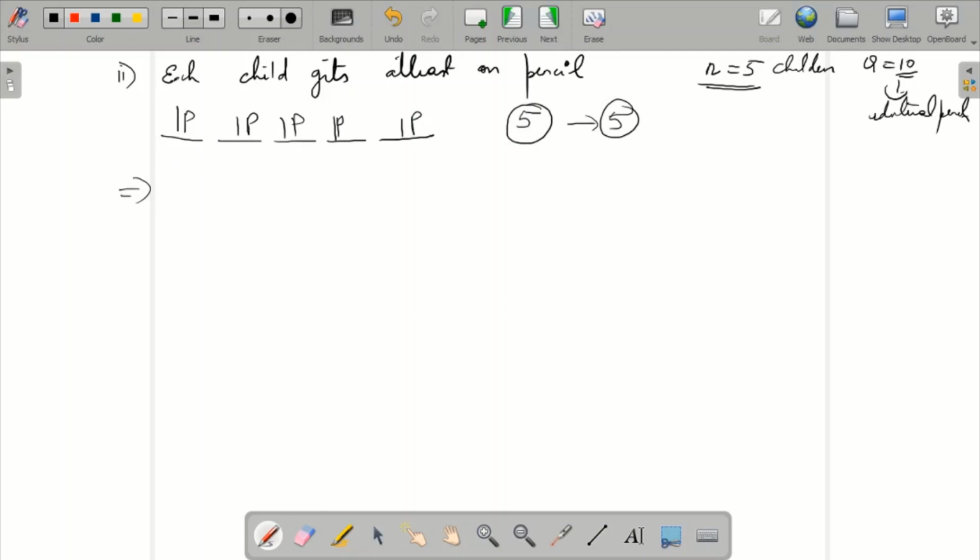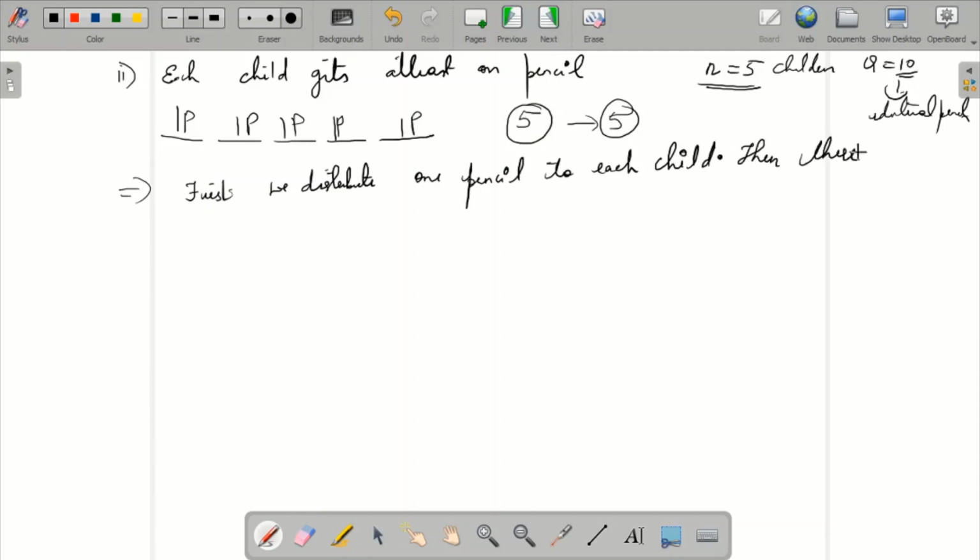So the solution would be: first we distribute one pencil to each child. Then there remain 5 pencils to be distributed.